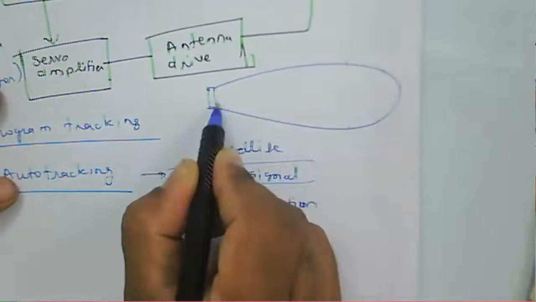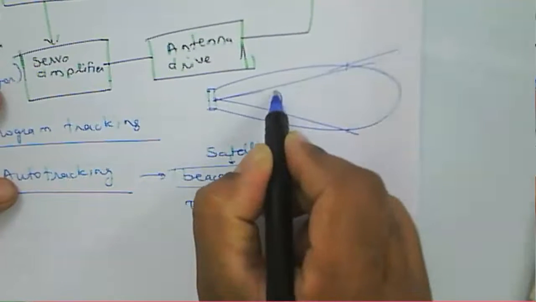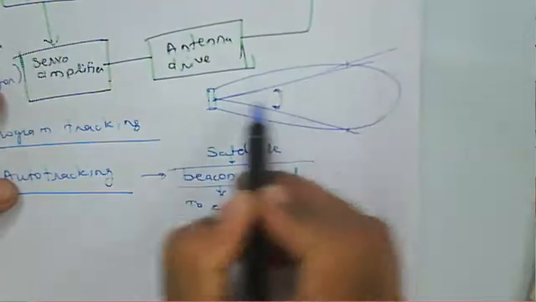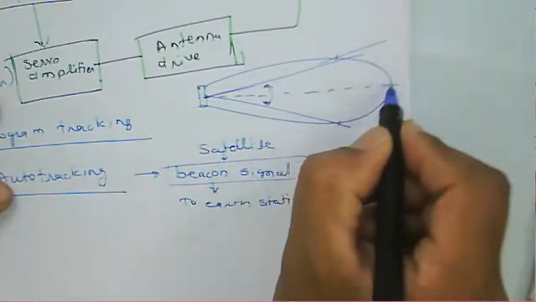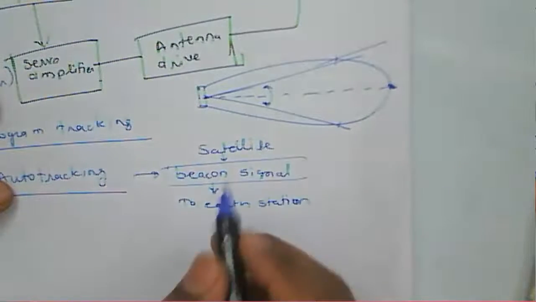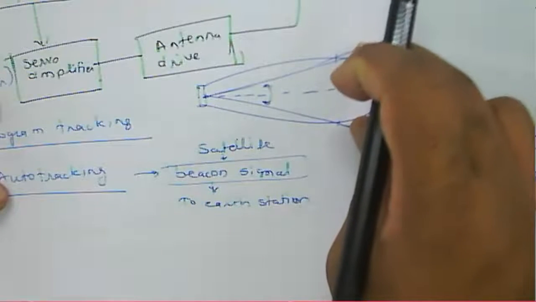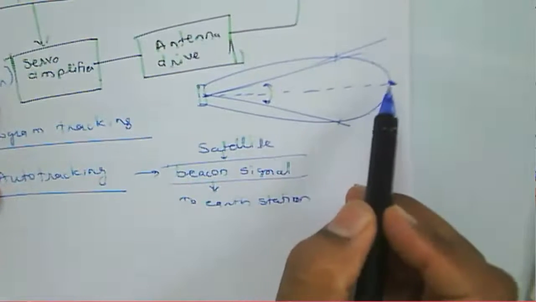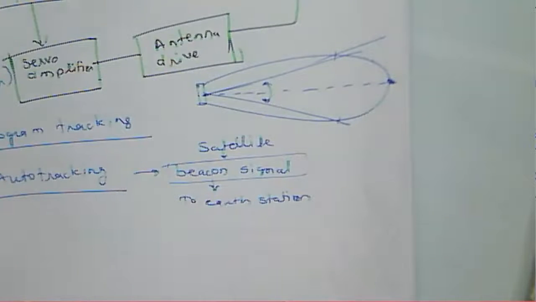This is the half power point, the 3 dB point. This is the beam width. And this particular direction is the boresight of an antenna. At the center, it has the maximum value. Then, based on the received beacon signal, we can find out the actual boresight of an antenna.